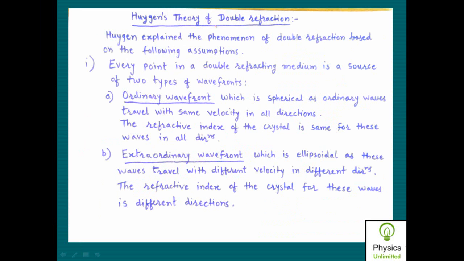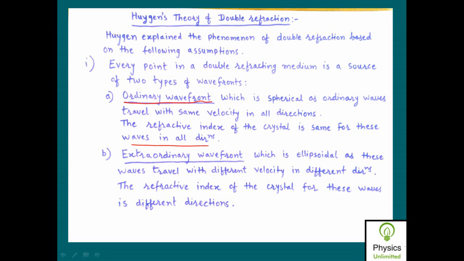Then next is Huygens' theory of double refraction. So Huygens gave his wave theory of light, and he also explained the phenomenon of double refraction based on the following assumptions: every point in a double refracting medium is a source of two types of wavefronts. One of the wavefronts is the ordinary wavefront, which is spherical, as ordinary waves travel with the same velocity in all directions, and the refractive index of the crystal is the same for these waves in all directions.